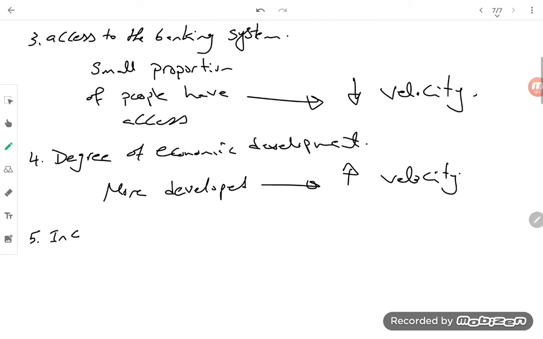Number five, income level and its distribution. The higher the equality of distribution of money, the higher the velocity.